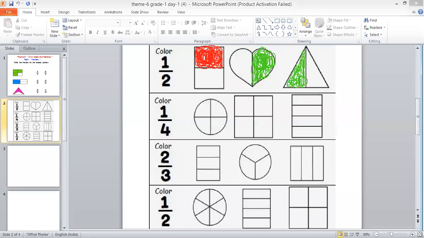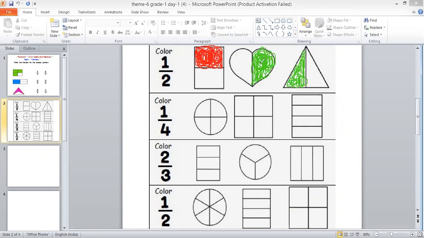Yes, Hayati. Now read the next fraction. 1 by 4. Yes, it's 1 by 4. Now the shape is a circle, right? Now this circle is divided into how many parts, Hayati? 4 parts.